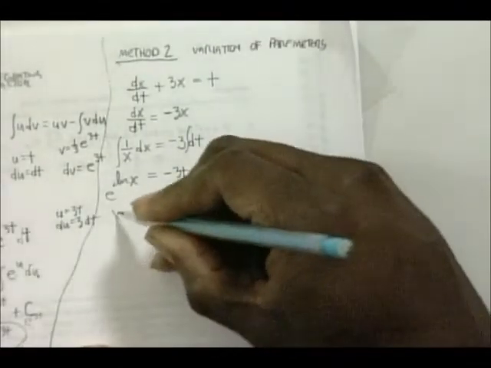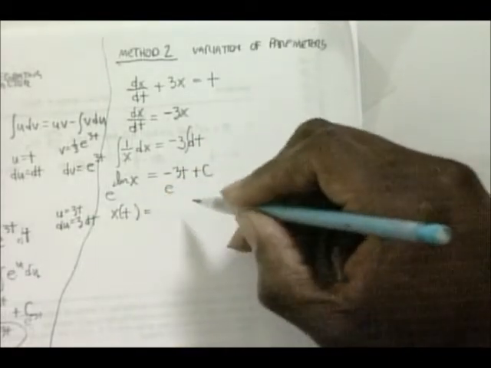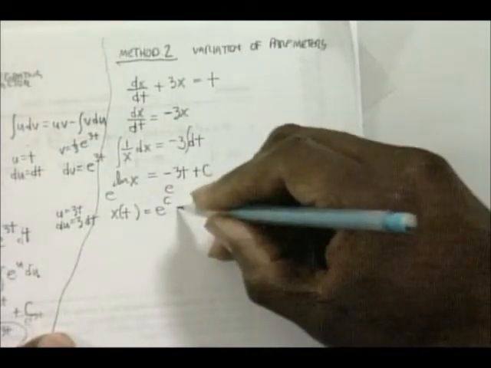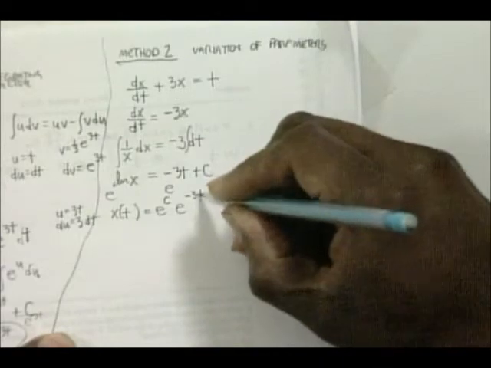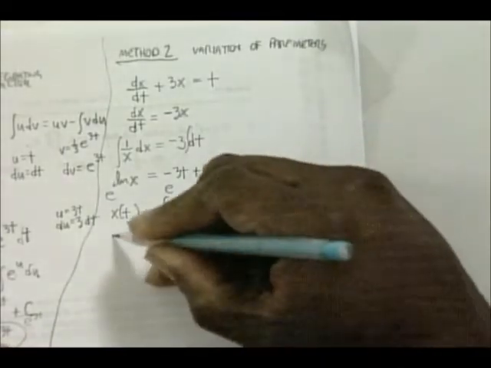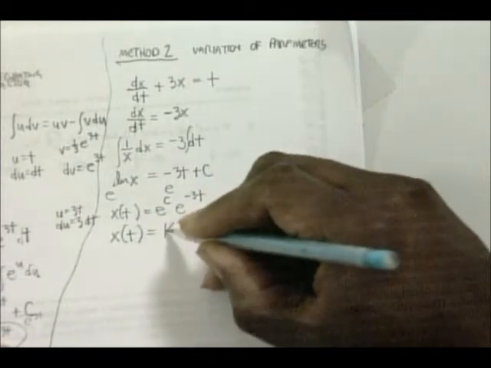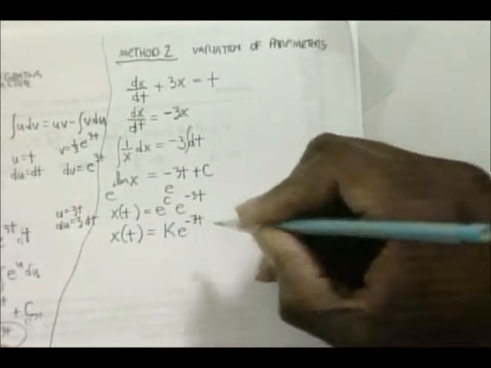We end up with x sub t is equal to, you got to use a little algebra 2, e to the c times e to the -3t. Simplified, the e to the c, let's just call that k, e to the -3t.